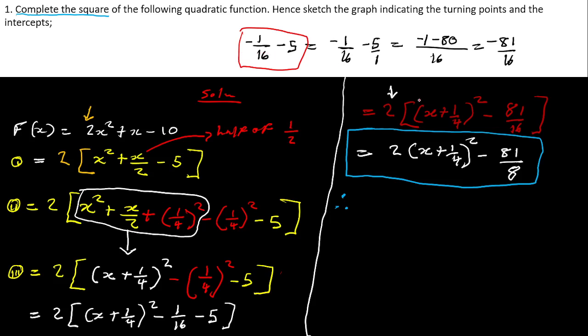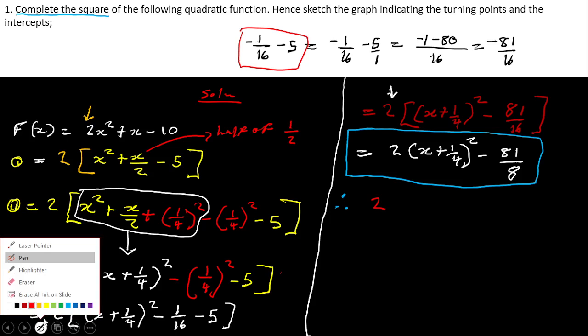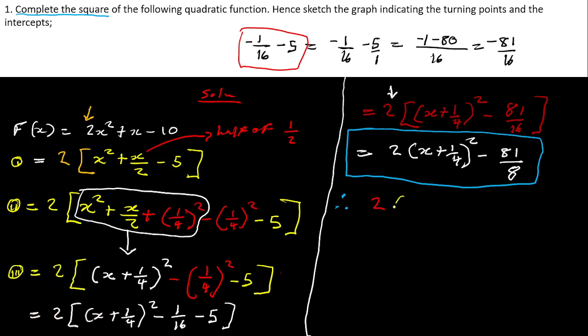So let's quickly look at the way the expression is. I'll write the expression in three parts. I'll write a 2 alone in a different color, and then x plus 1 over 4, also squared in a different color, and another part which is negative 81 over 8 in also a different color.